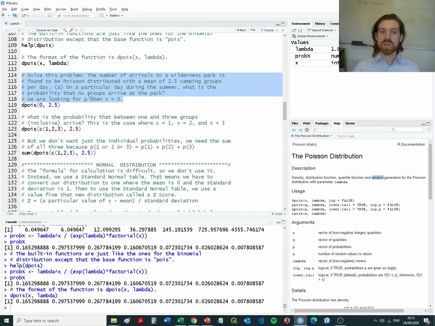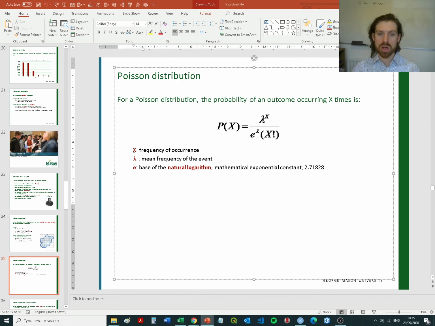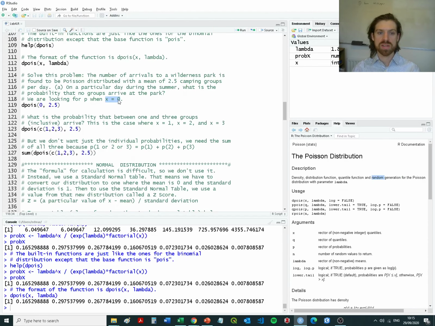So in order to understand what the probability of no groups arriving is, which is the question that we're interested in here, we need to specify that x is equal to 0. Okay, so x is the frequency of occurrence. Here we're interested in 0 groups arriving. So we're able to use the function specified here.